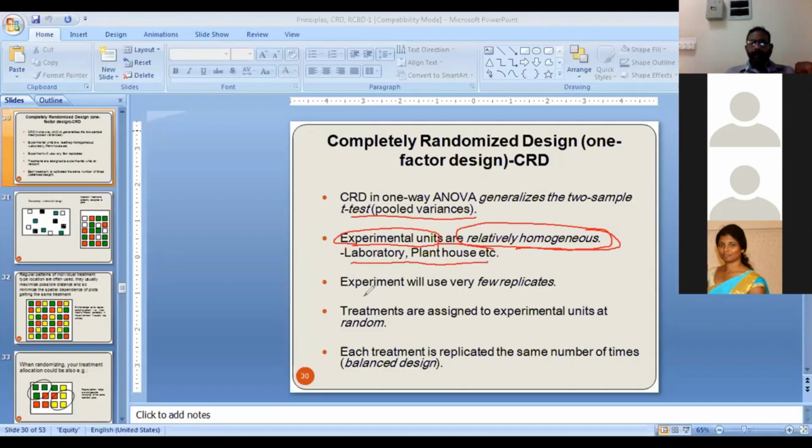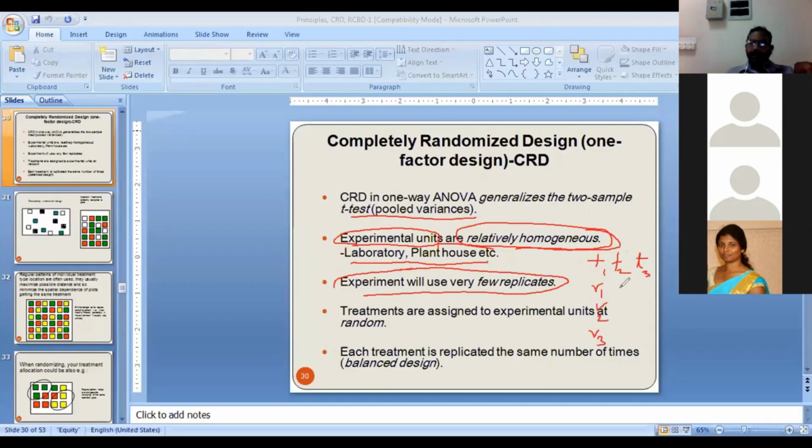So the experiment will use very few replicates. We need only very few replicates, right? Let's say I have treatments T1, T2, and T3. Replicate 1, replicate 2, replicate 3.